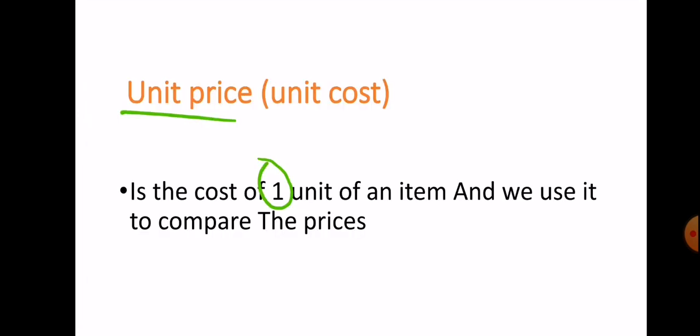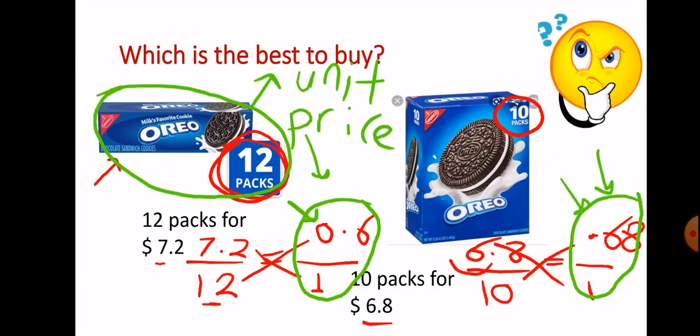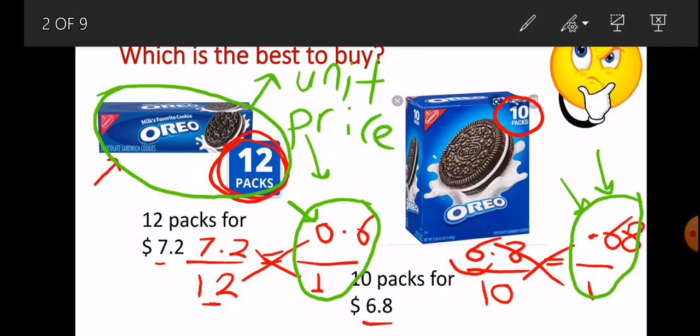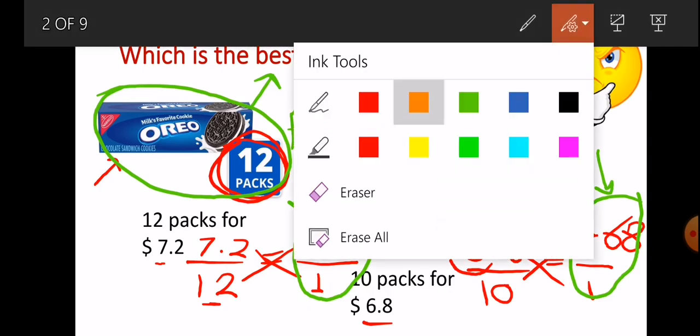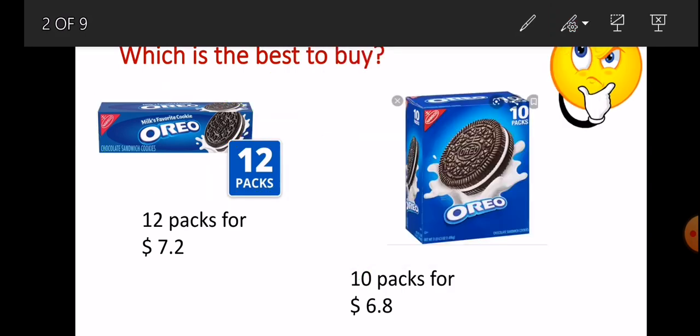Also, we did the same on the previous one. If you want to see, let's go back. Let me erase all of this for you. Here I did 7.2 divided by 12. So the money divided by the total number of items.